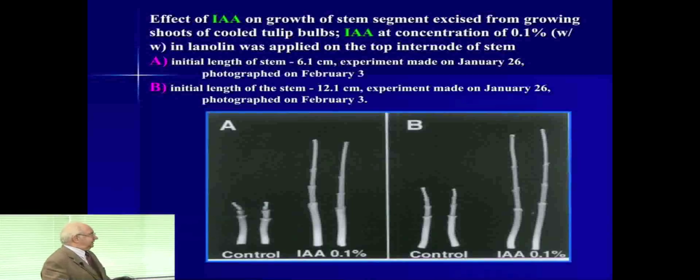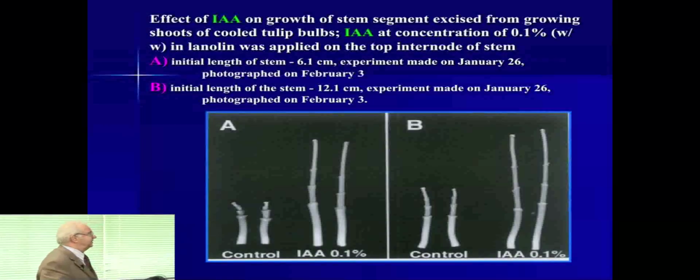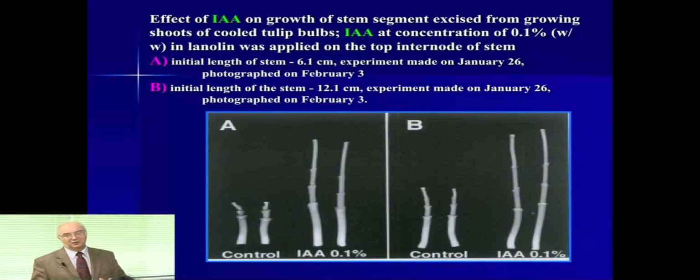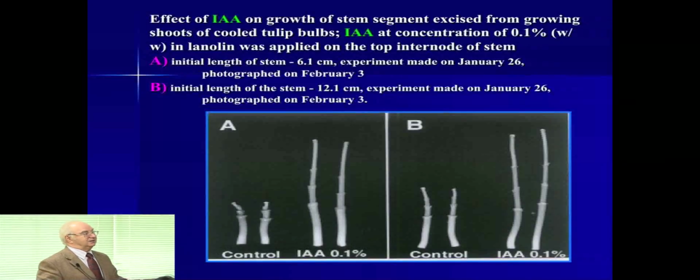In our next study, our question was, what is the effect of auxin on tulip stem segments excised after planting tulip bulbs? In this case, after planting fully cooled tulip bulbs, when the stem length was about 6 centimeters, we isolated these stems.